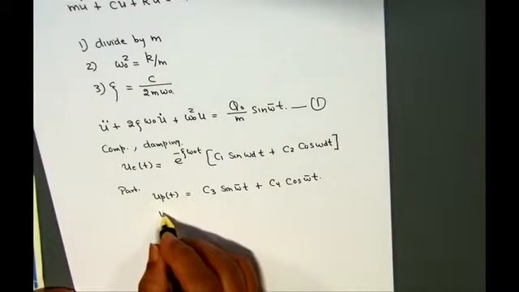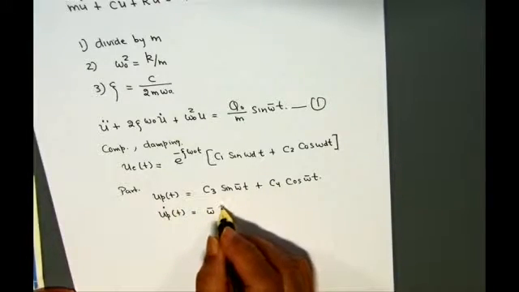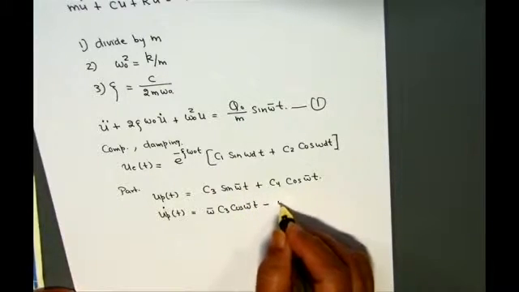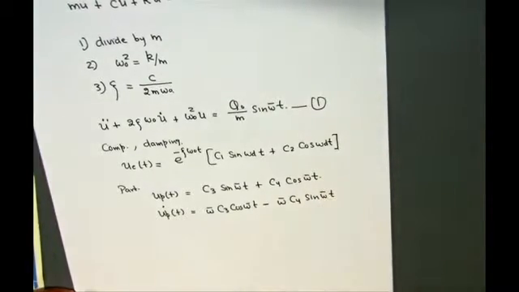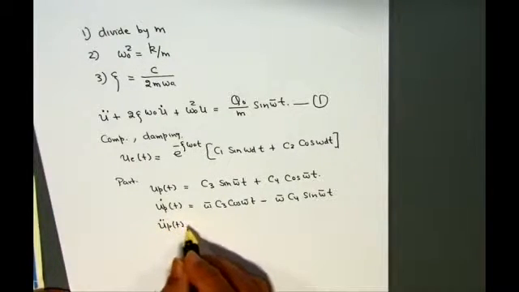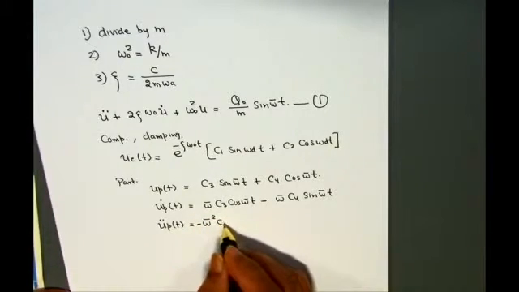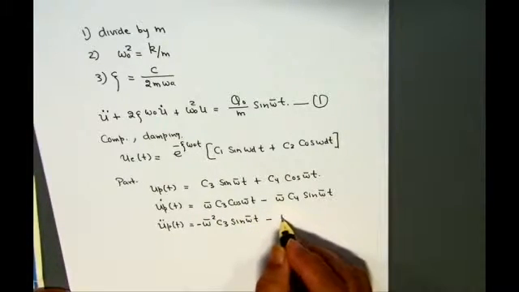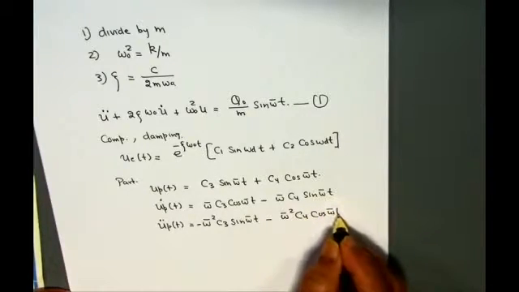The velocity will be omega bar c3 cos omega bar t minus omega bar c4 sine omega bar t, and the acceleration will be minus omega bar squared c3 sine omega bar t minus omega bar squared c4 cosine omega bar t.